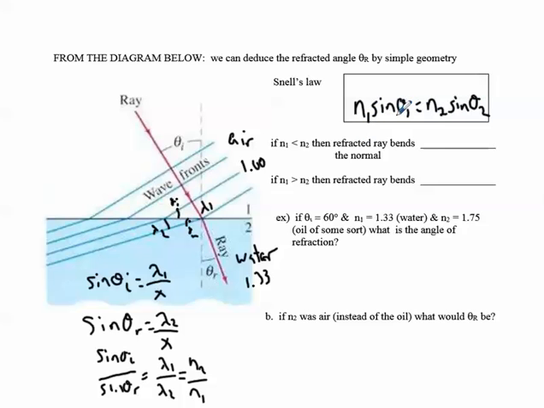That means that the incident angle has to be bigger than the refracted angle, in order to get an equality here. What that translates to is that anytime you enter a greater index of refraction, your refracted angle is going to be less than your incident angle, or put another way, the refracted ray bends toward the normal.